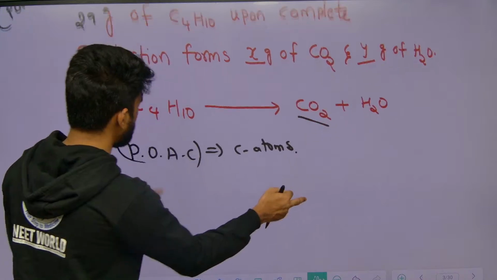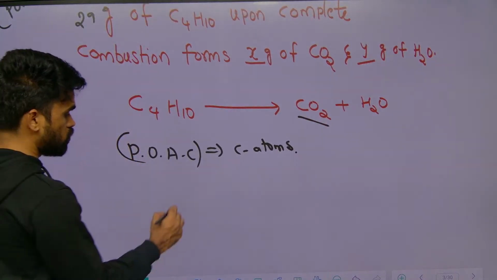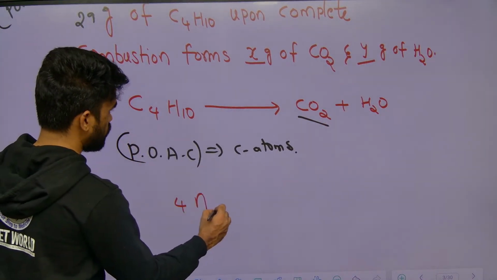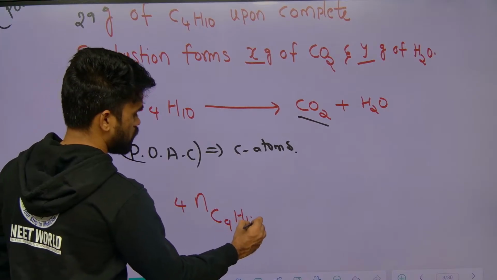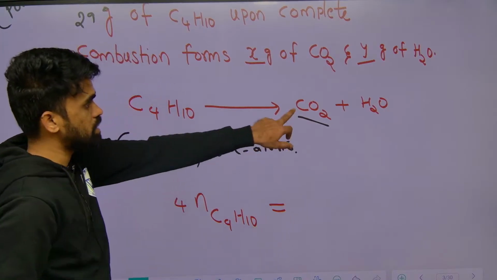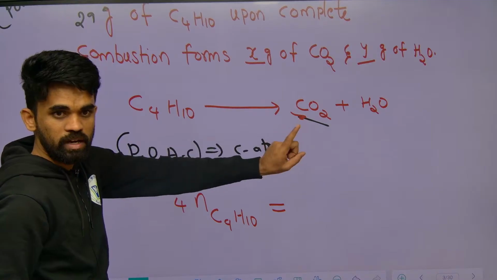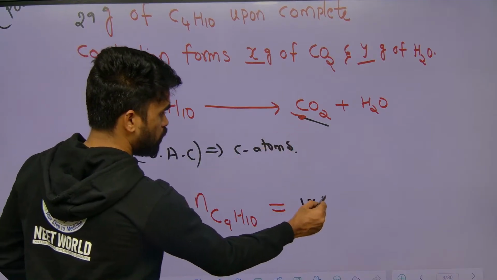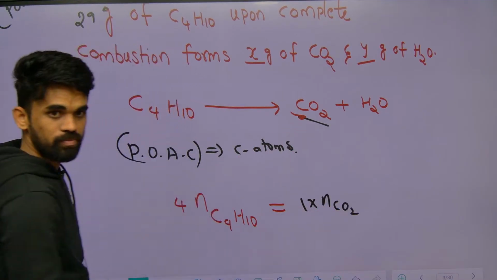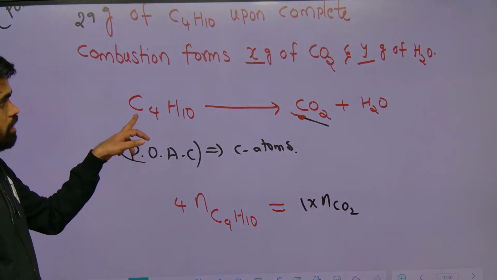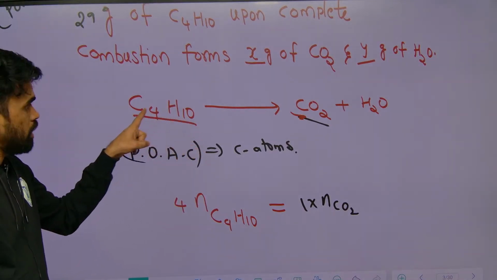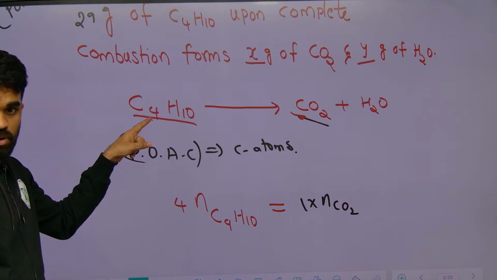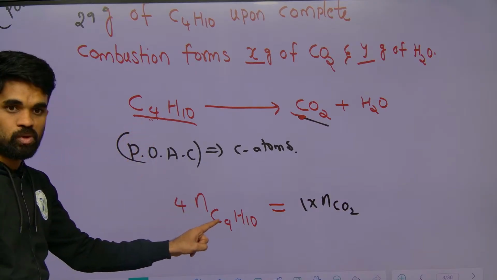How many carbon atoms on this side? 4. So 4 into number of moles of butane, C4H10, equals, on this side, how many carbons in CO2? 1. So 1 into number of moles of CO2. In the given molecular formula, there are 4 carbon atoms, that's why 4 into number of moles of butane.